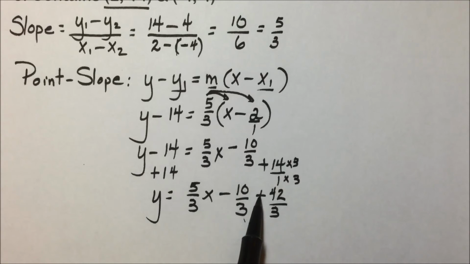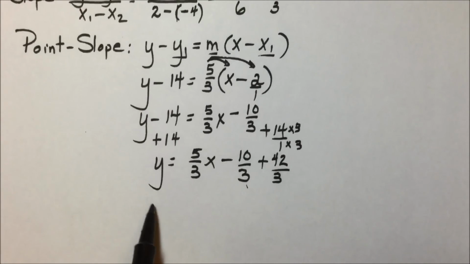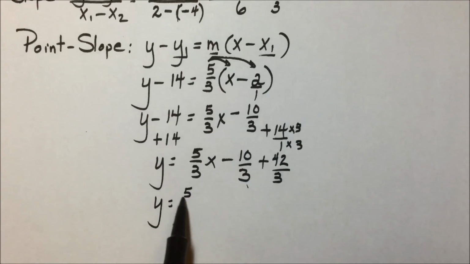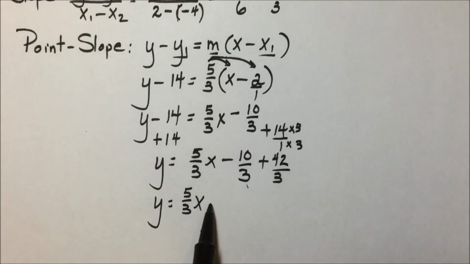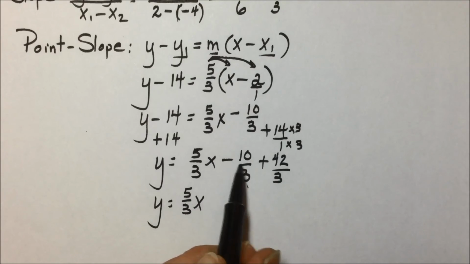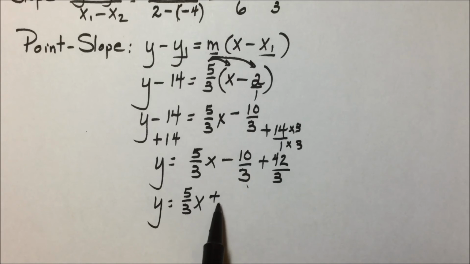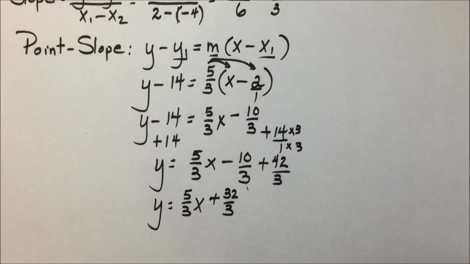A negative 10 plus 42 would leave us with 32/3. So y equals 5/3 x plus 32/3 would be our equation of the line in slope-intercept form.